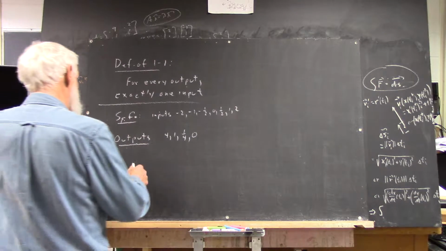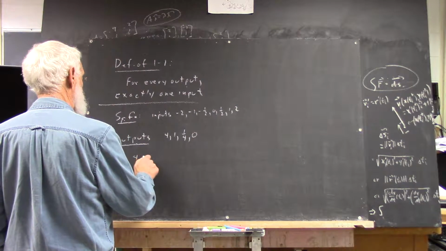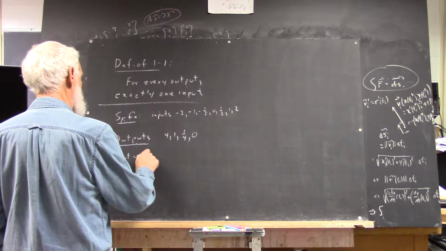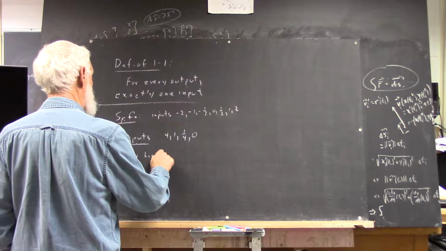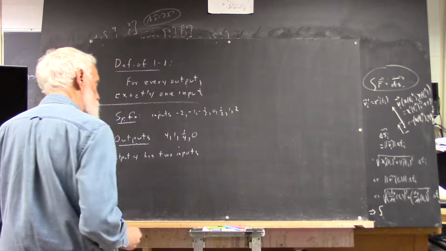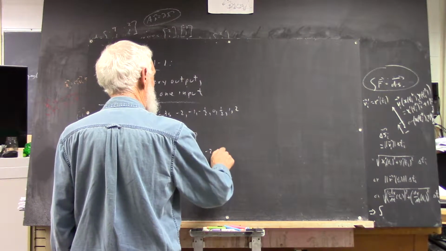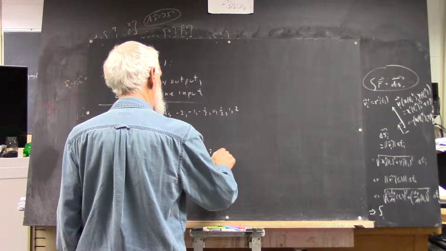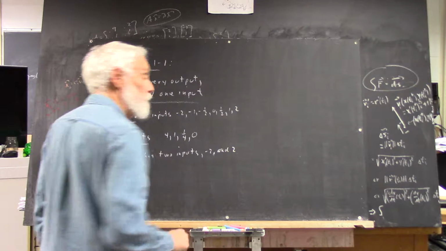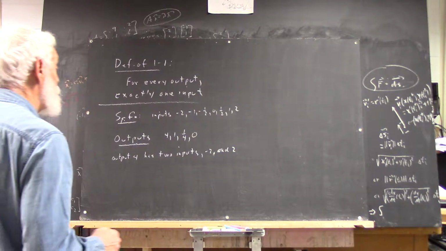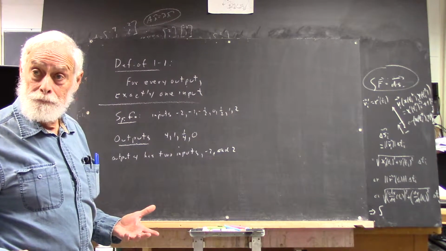So, output 4 has 2 inputs, -2 and 2. Okay? So right away the function is not 1-to-1.